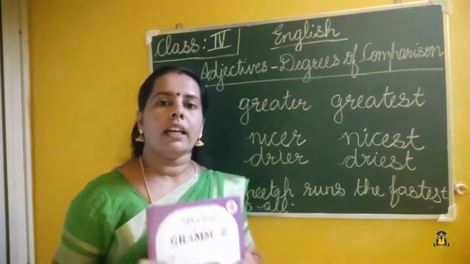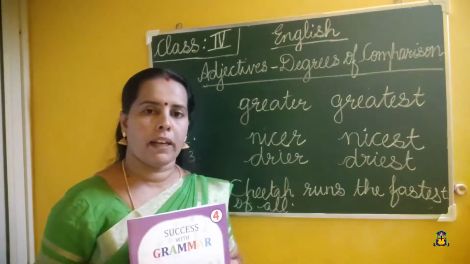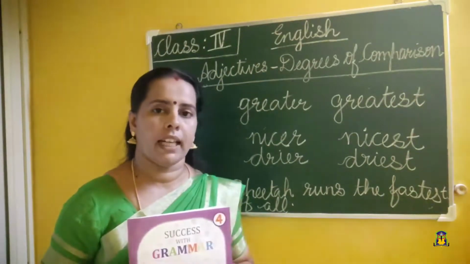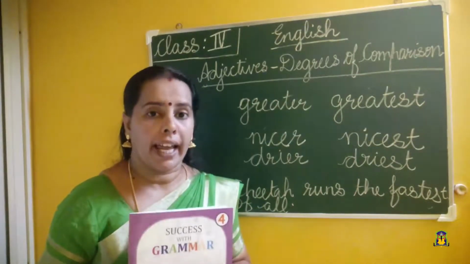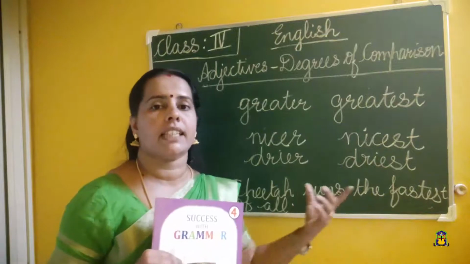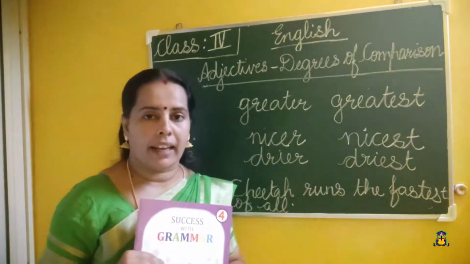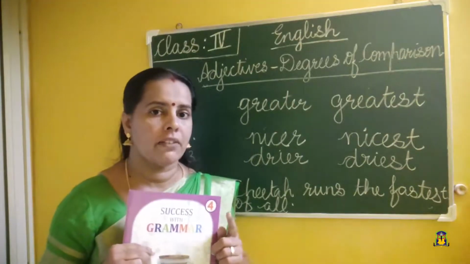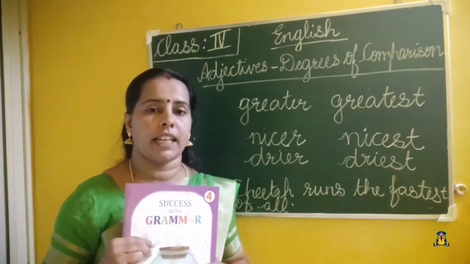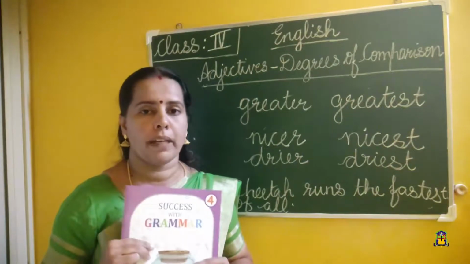And children, regarding this comparative and superlative degree, there is one more thing. In comparative degree, we use than. After the adjective, we use than. Okay, that word than will be there. And in superlative degree, before the adjective, the should be added.